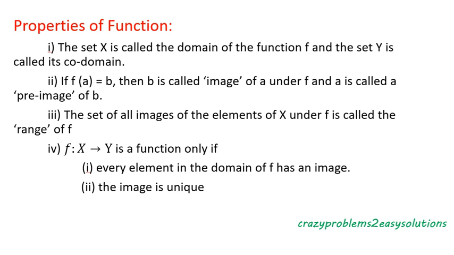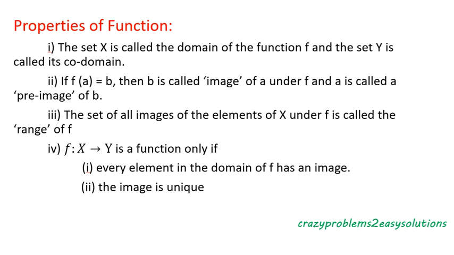If f(a) equals b, then b is called the image of a under f and a is called the pre-image of b. The set of all images of the elements of X under f is called the range of f.